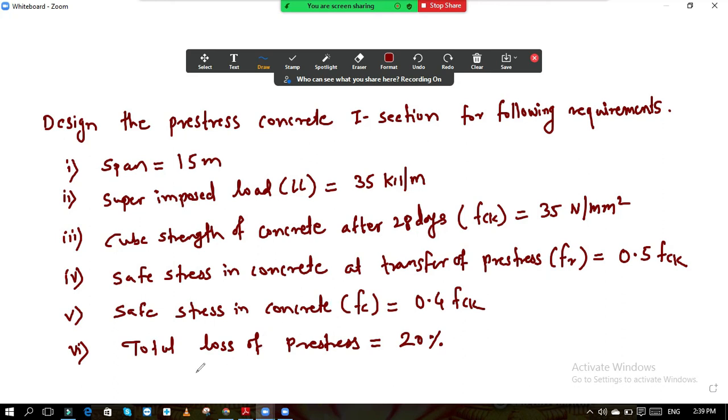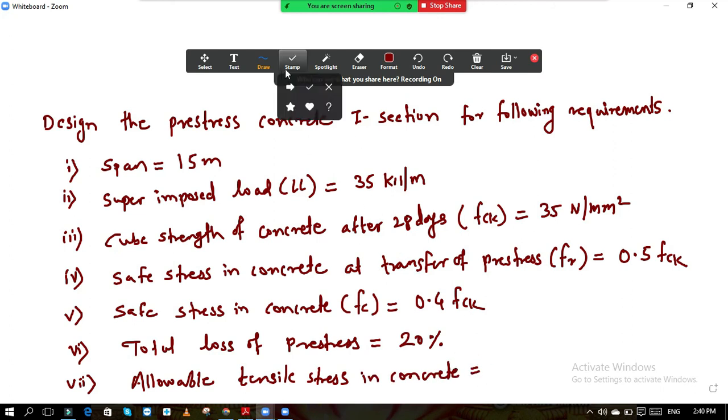Allowable tension stress or tensile stress in concrete, this is Ft, the notation for this is Ft, which is equal to 0.129 root FCK. Okay, still the problem is going on.